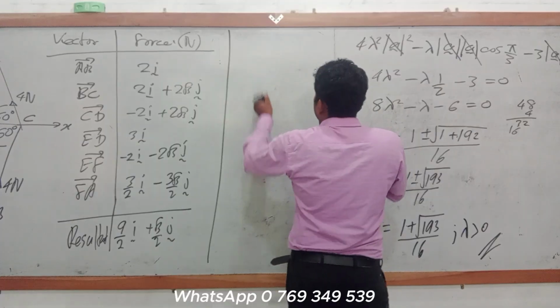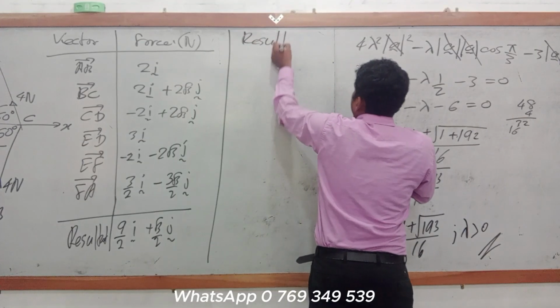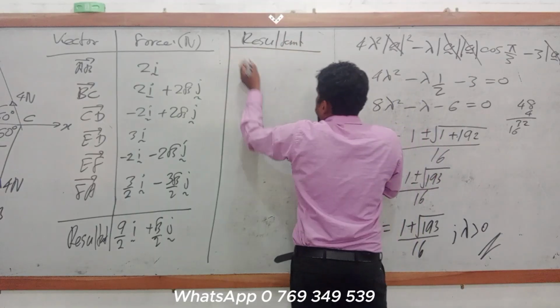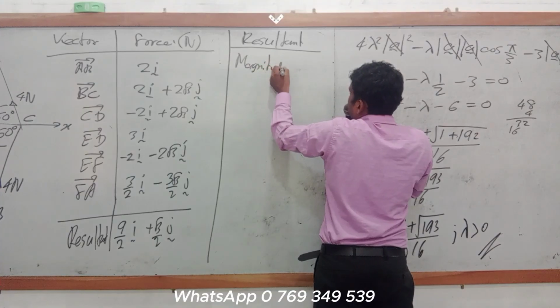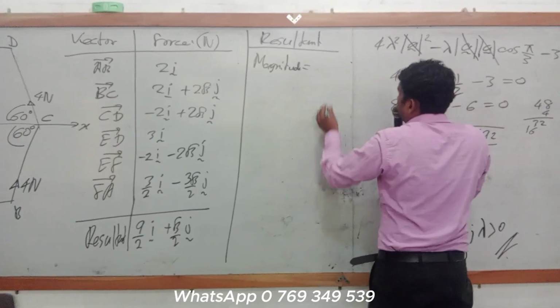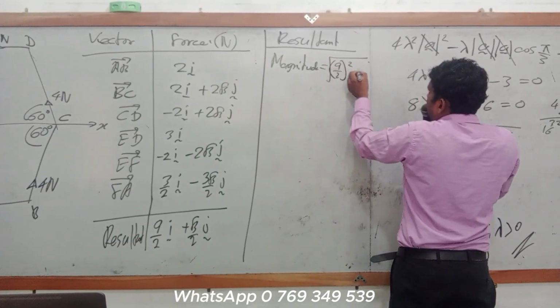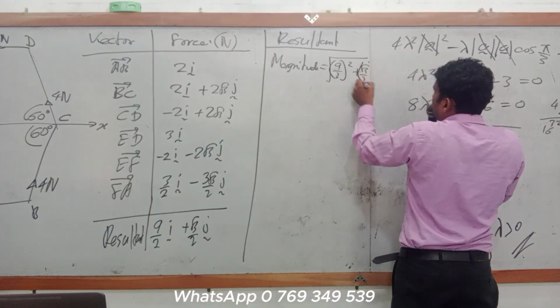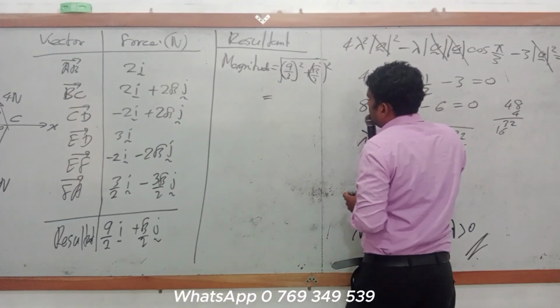Magnitude of this resultant. What is that? Square of this one and square of this one. 9 over 2 squared plus root 3 over 2 squared.